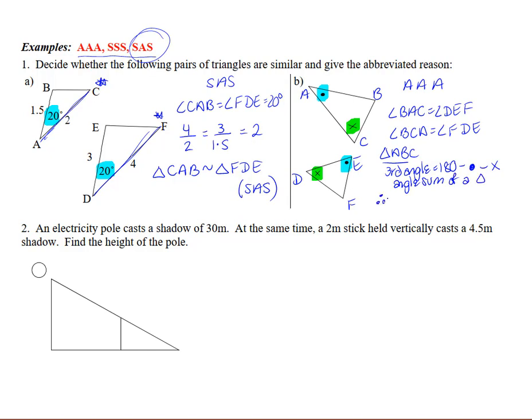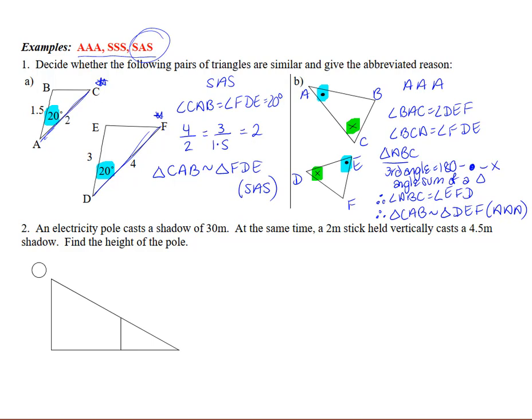Therefore I know that angle ABC has to equal angle EFD. Because of that angle sum of the triangle, I now have proven that my 3 angles are equal. So therefore, and I'm going to start with my cross, go to my dot, triangle CAB is similar to triangle DEF. And the reasoning is AAA.